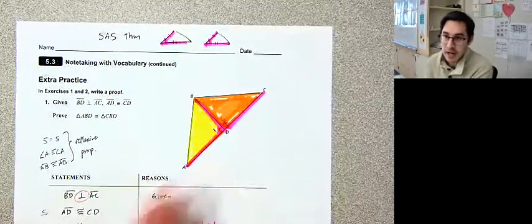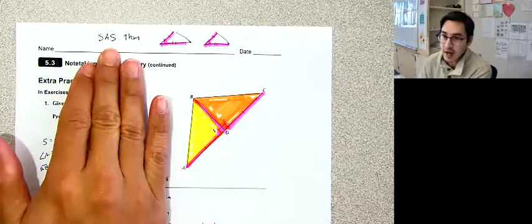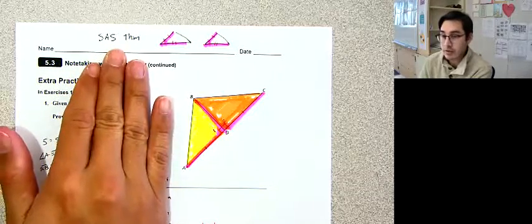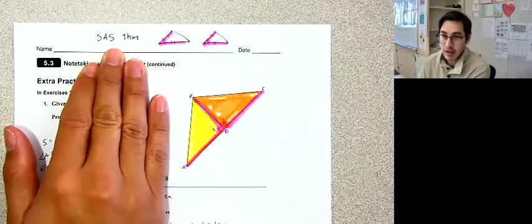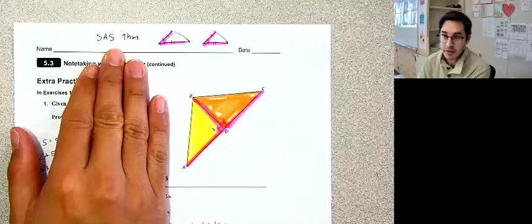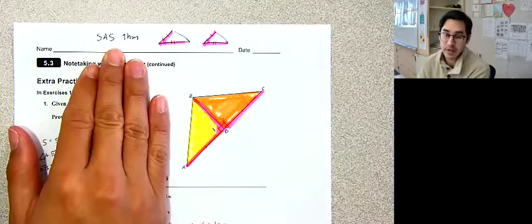So the big idea in chapter 5.3 is this side angle side pattern, or side angle side theorem, which we can use to claim or prove that two triangles are congruent. This is really beneficial because we no longer have to show that there are three pairs of congruent sides and three pairs of congruent angles.